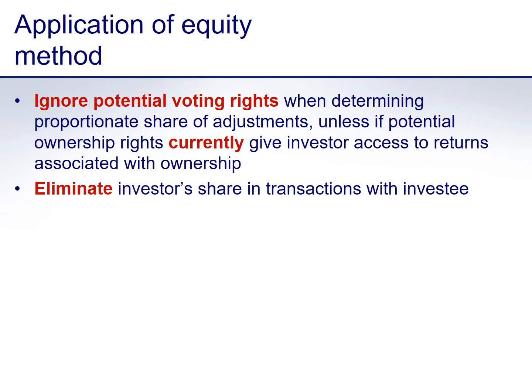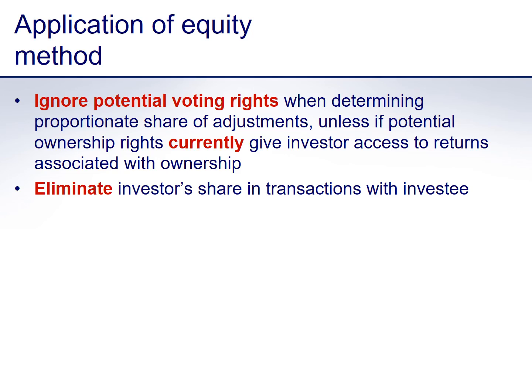Potential voting rights are taken into account in assessing whether you've got significant influence, but for purposes of equity accounting, you will only account for your share of the investee's assets or liabilities relative to your current voting rights. So let's say I've got 10% of the voting rights, and I've got an option that is presently exercisable to acquire a further 20%.